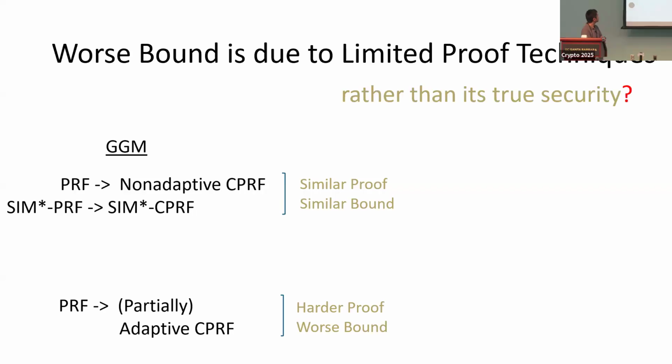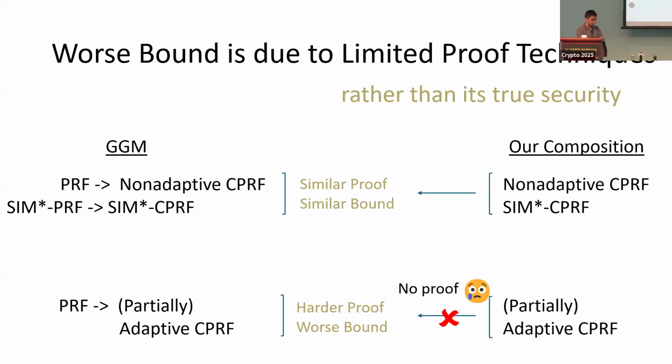So maybe the worse bound is due to limited proof techniques, rather than its true level of security. For our proof, our composition works nicely for non-adaptive constraint PRFs and our CMAC constraint PRF. However, we are unable to do a proof for this partially adaptive constraint PRF definition.